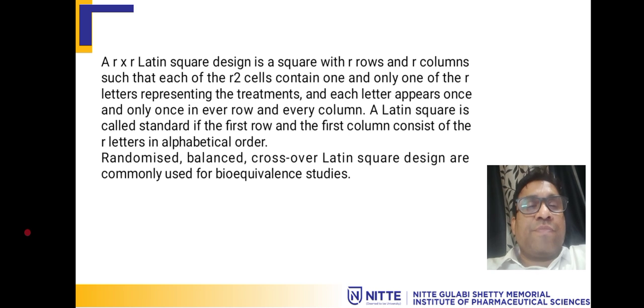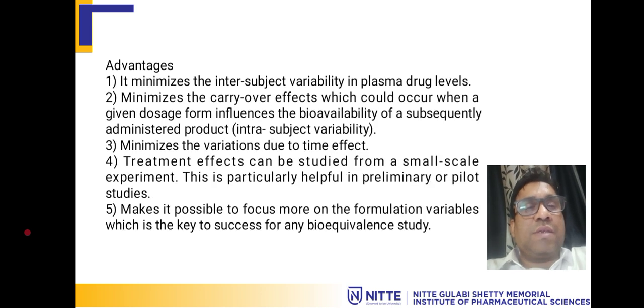A Latin square is called standard if the first row and the first column consist of R letters in alphabetical order. Randomized balanced crossover Latin designs are commonly used in bioequivalence studies.